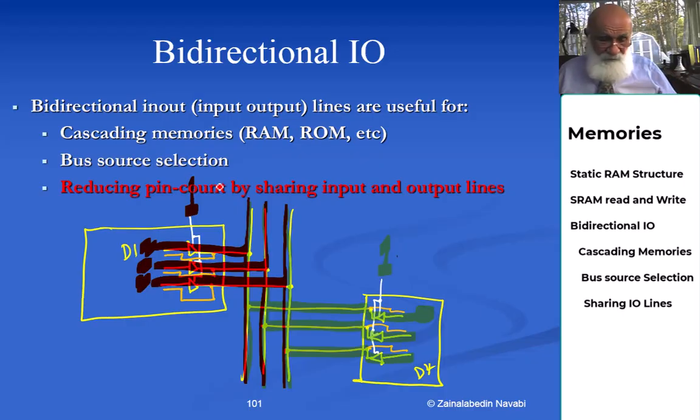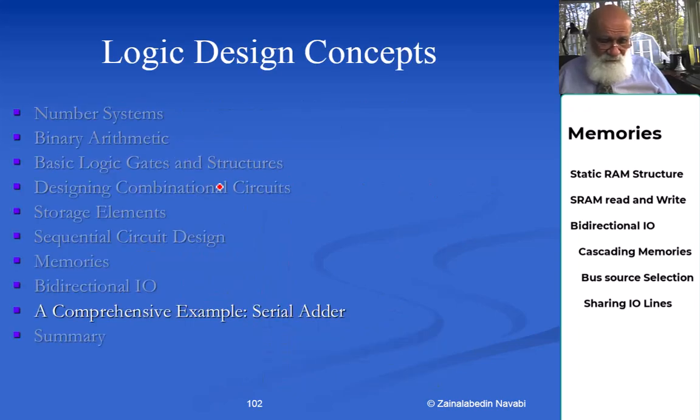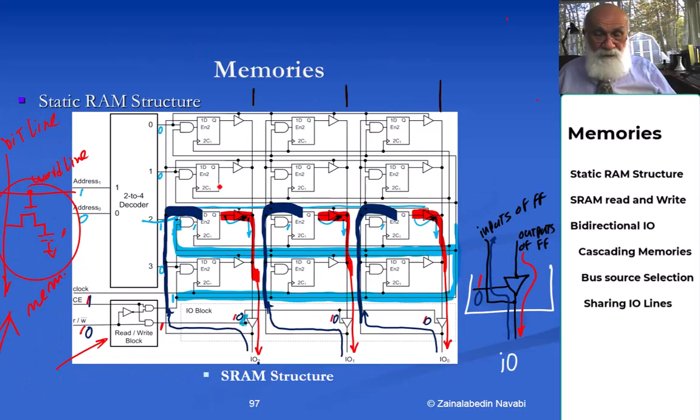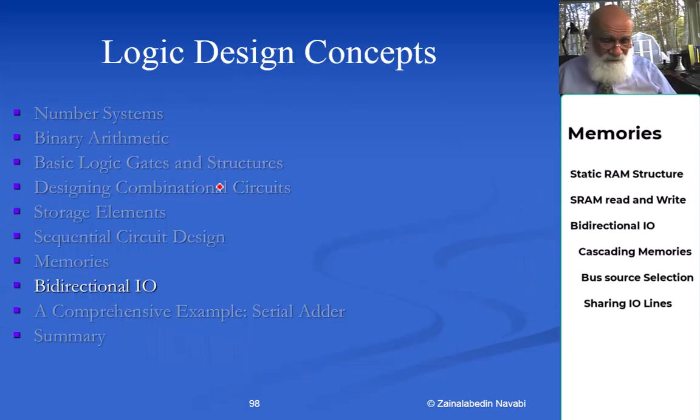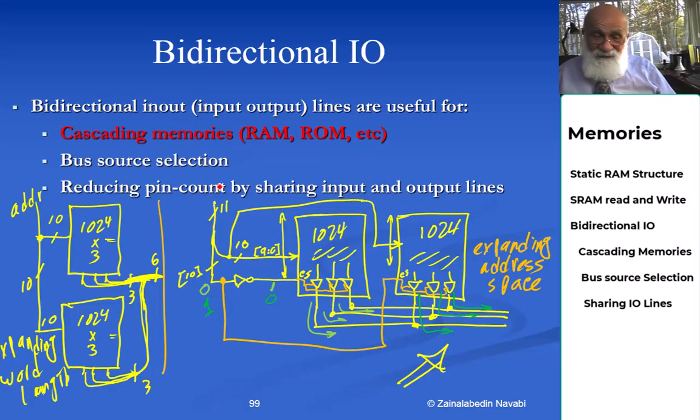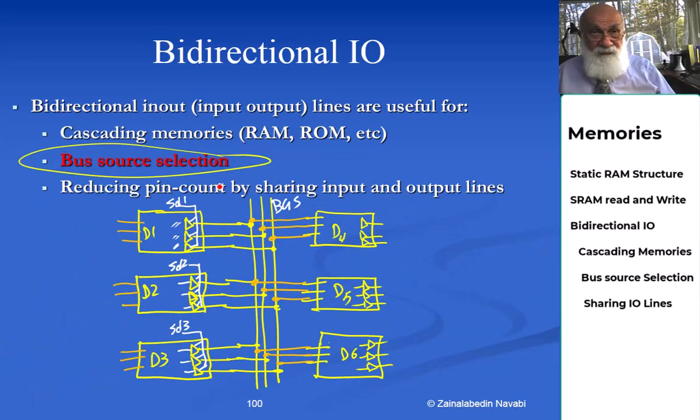Okay, what we have talked about is memories, and we started talking about bidirectional lines and tri-state lines, showing that tri-state lines are good for cascading memories. They are good for source selection. This is, by the way, nothing but a multiplexer.